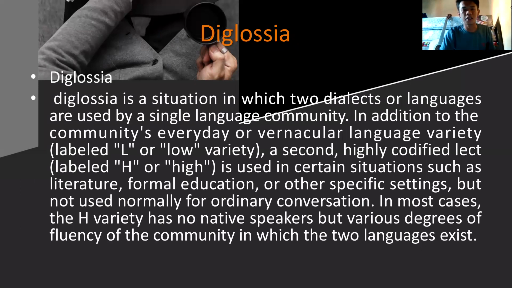Diglossia. And then the explanation: diglossia is a situation in which two dialects or languages are used by a single language community. In addition to the community's everyday or vernacular language variety, labeled L or low variety, a second, highly codified variety, labeled H or high, is used in certain situations such as literature, formal education, or other specific settings, but not used normally for ordinary conversation.